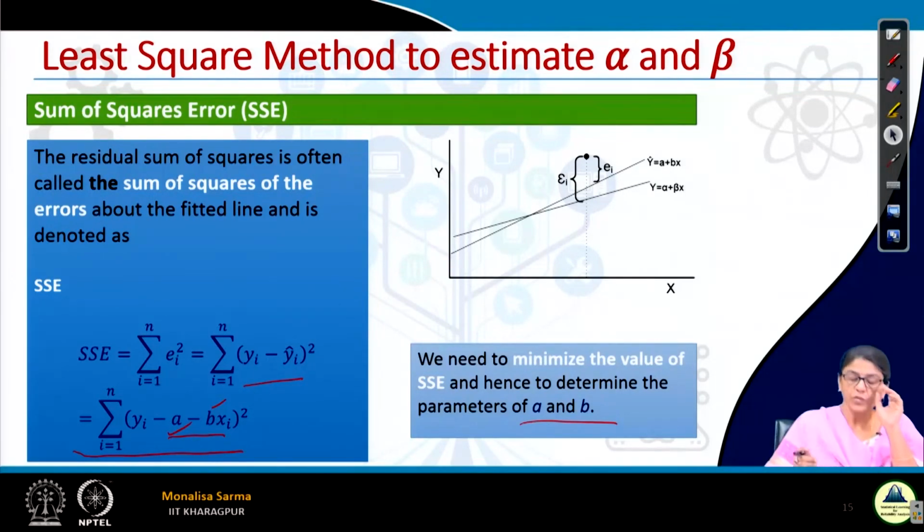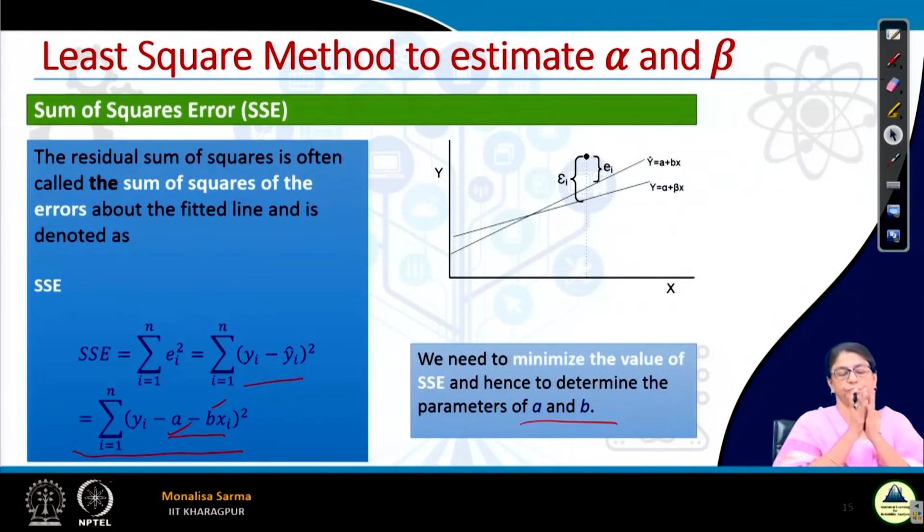For assumed A and B, I get a predicted value. The difference between predicted and actual value is my e_i, and the sum of all these squared errors is what I am calling SSE. Now I need to minimize this SSE.